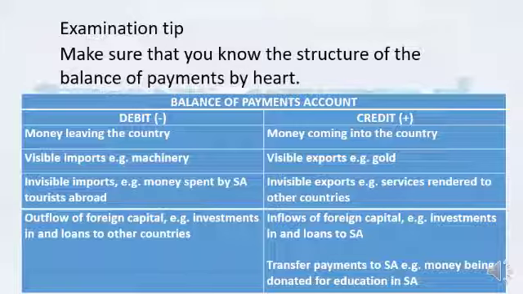Debits is money leaving the country when we import goods, invisible imports, so South African tourists abroad, and outflow of foreign capital. Money coming into the country, which leads to an increase or surpluses, is visible exports, invisible exports, and inflows of foreign capital. Also transfer payments to South Africa, so any international organizations that might donate money for education, etc., into South Africa.